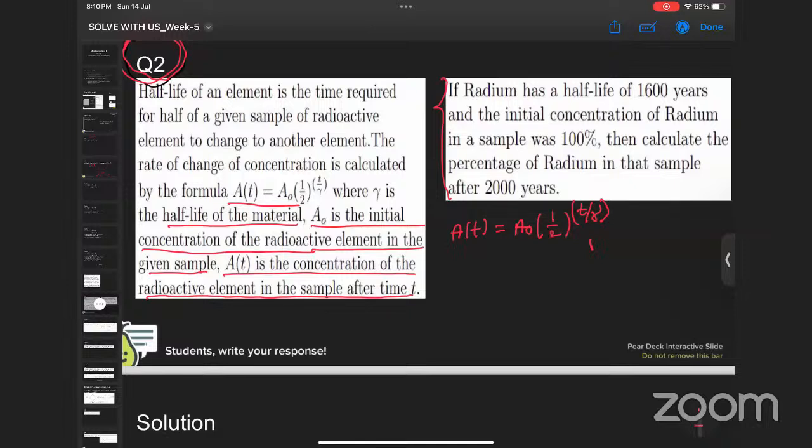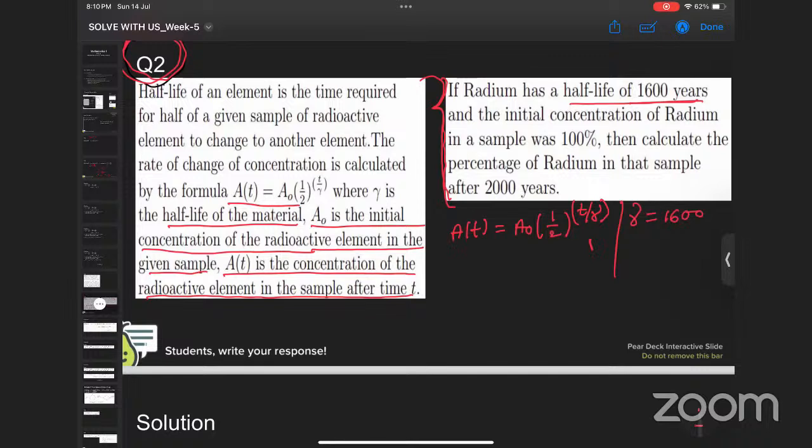So here we have a hint given in this portion. So the half-life is 1600. That means we got the value of gamma, right?